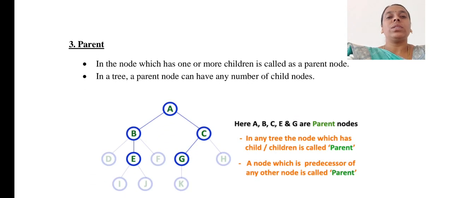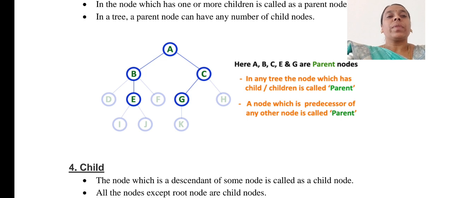The next one is the parent. A node which has one or more children is called a parent node. A parent node can have any number of child nodes. In this example, A, B, C, E and G are parent nodes and the remaining are child nodes.